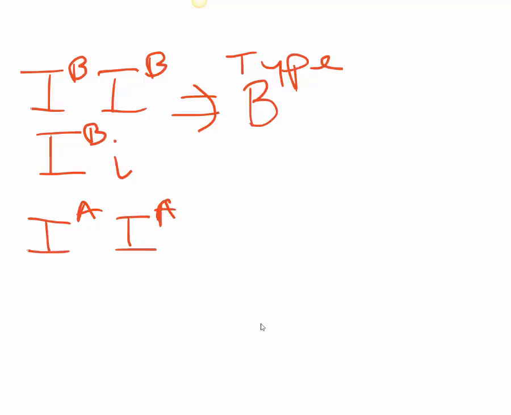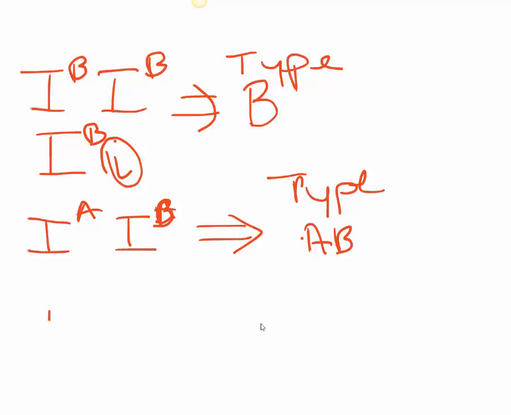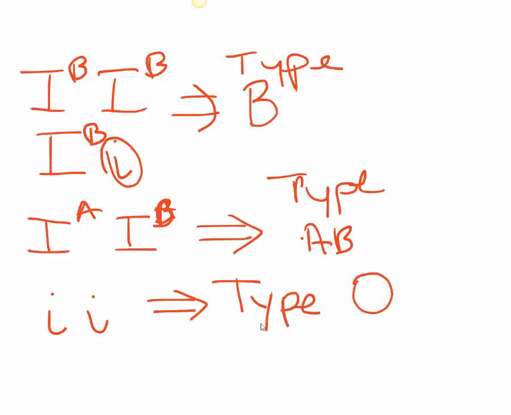They would have to have both alleles, A and B, and that would make them type AB. Now, what would happen if a person inherited the two small recessive alleles, little i, little i? In that case, those individuals are neither A nor B. We call them type O. So that's the combination that would result in a type O individual.